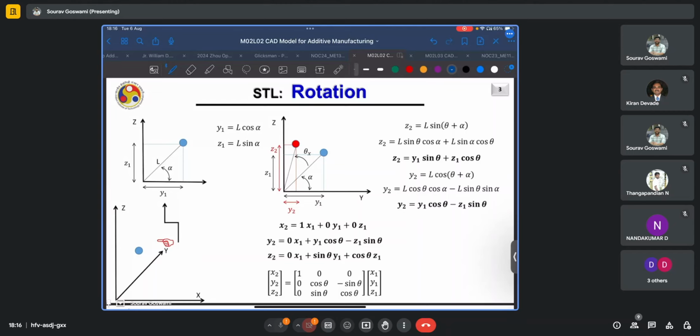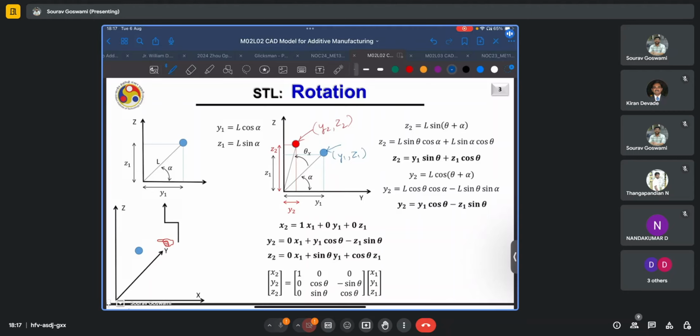So for any point demarcated by this blue one here, which had an initial coordinate of y1, z1 in the yz plane, if it is to have pure rotation about the x-axis, which in this case is coming out of the plane, and say it moves to a second position demarcated by this red dot here with the coordinates y2, z2, then a relationship can be derived between these two positions.